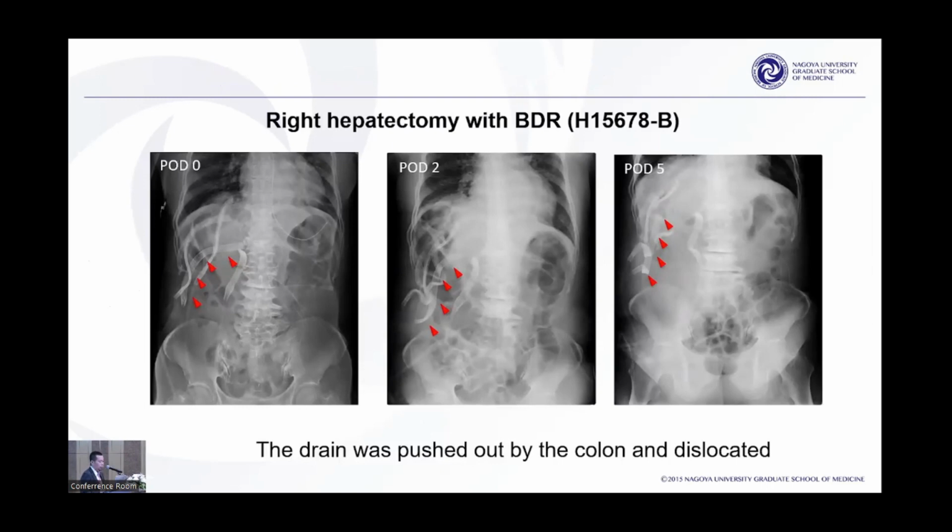Drains are sometimes dislocated. Dislocation will occur when drains are pushed out by other organs, such as the transverse colon or small intestine. We have experienced drain dislocation especially in obese patients.